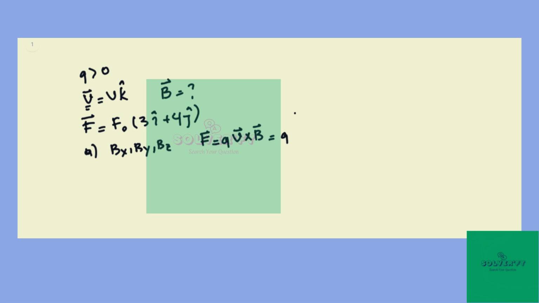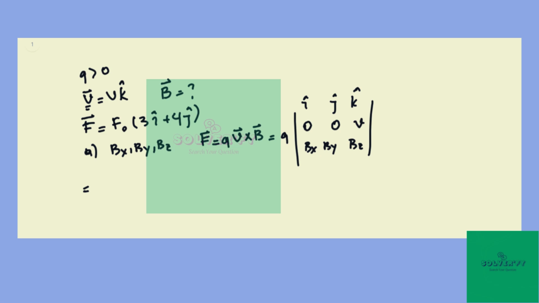So then Q, i hat, j hat, k hat, the x component of velocity, which is 0, the y component of velocity, which is 0. We only have the z component, so I'm going to put v here. Bx, By, and Bz.